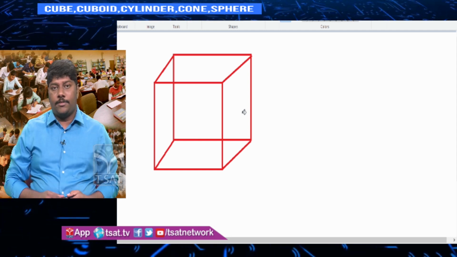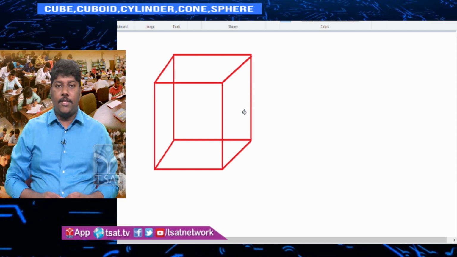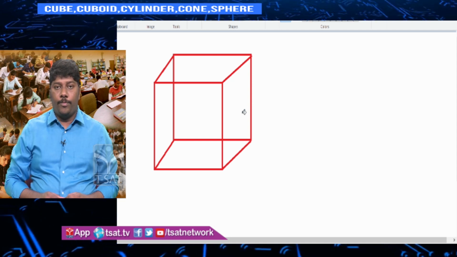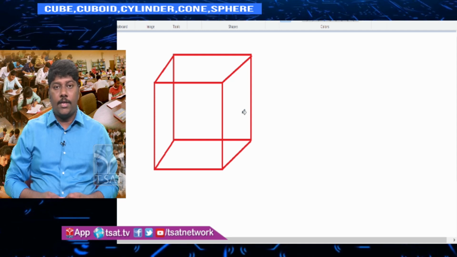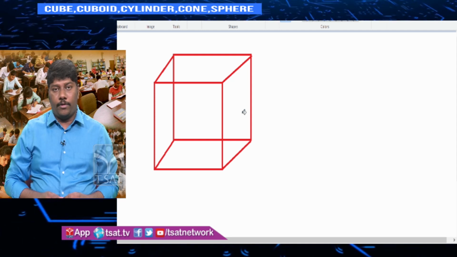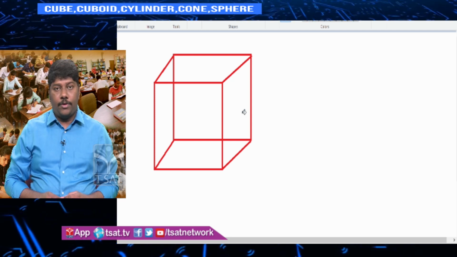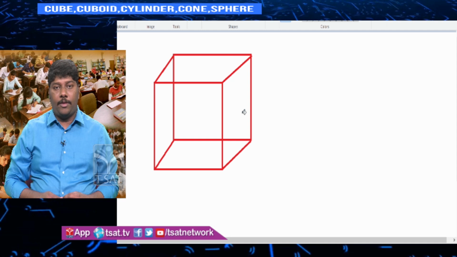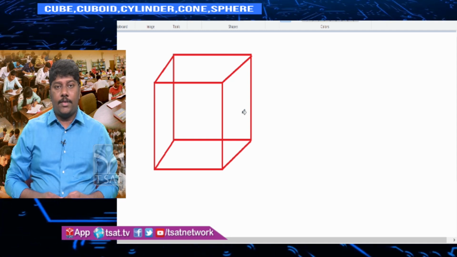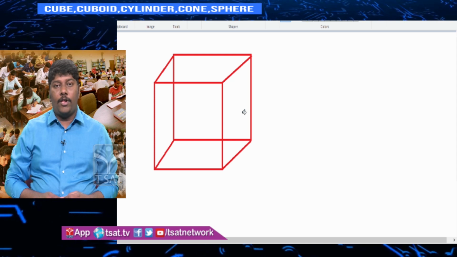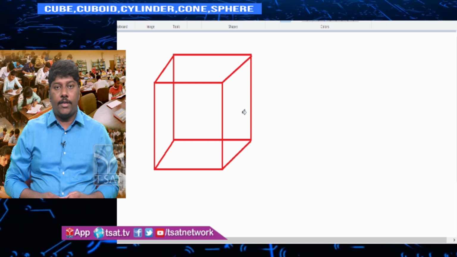You can imagine, suppose you are sitting in a room and seeing this video, just imagine that the room is a cube, but the condition is that all the walls, including the ceiling and the floor, must be in the shape of a square, all of them equal. The four walls of your room are the lateral surface area of that cube.